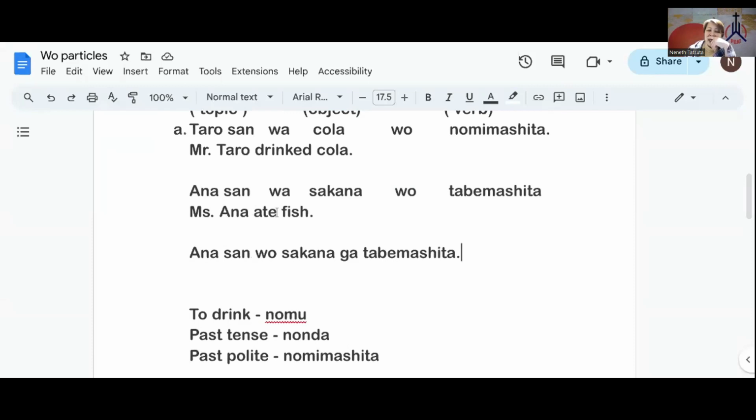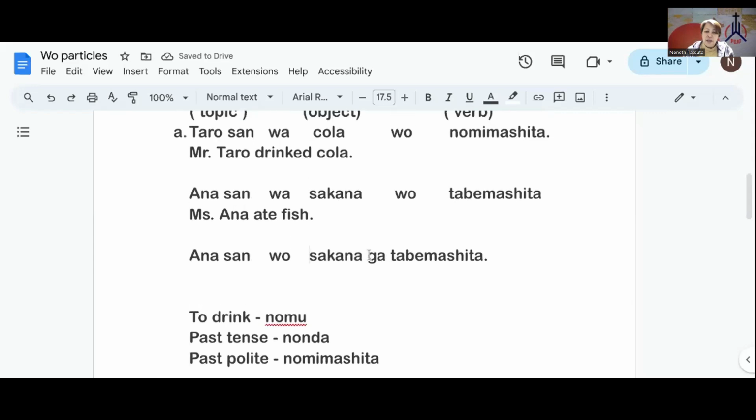Miss Anna ate fish. Now, we have another one here: Ana-san wo sakana ga tabemashita. How do you understand this? Because we said sakana is our object, but here it is not wo anymore. It is ga, another particle. The wo is here in the subject. So how would you translate this in English?